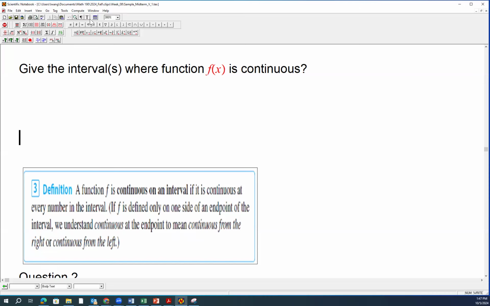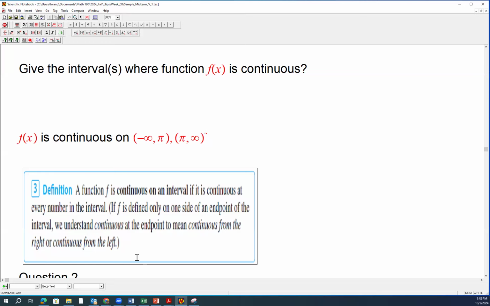So far, we know that f of x is continuous on this interval, right? From -infinity to pi, and pi to positive infinity.